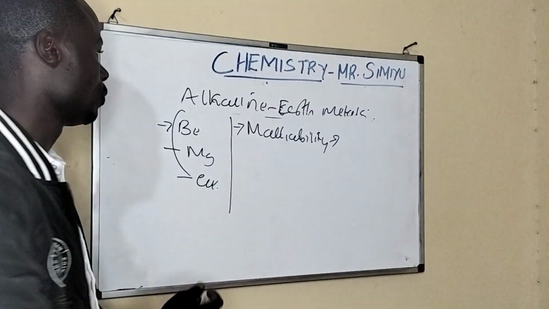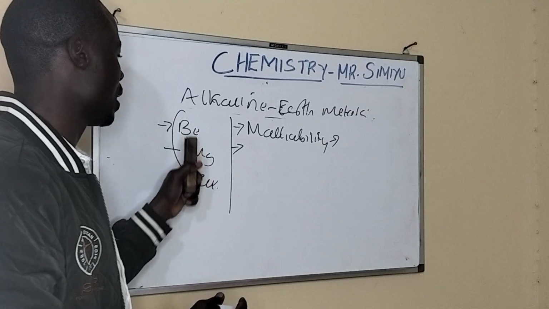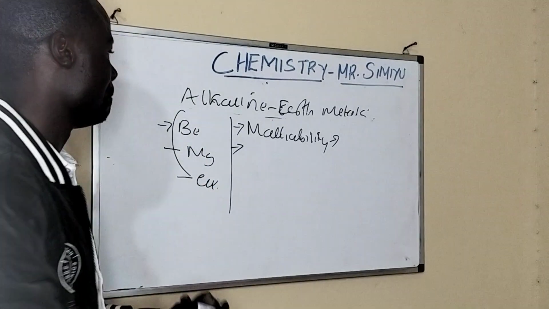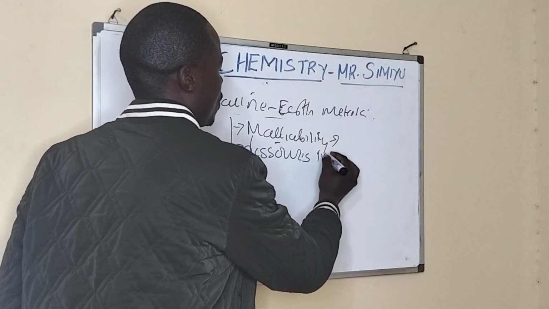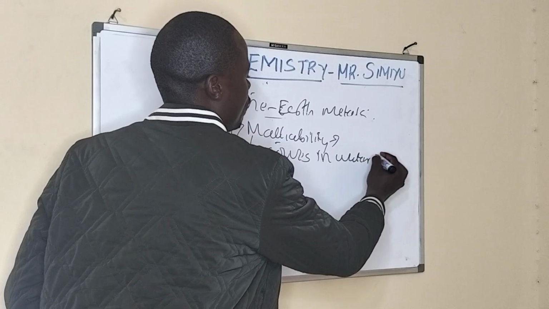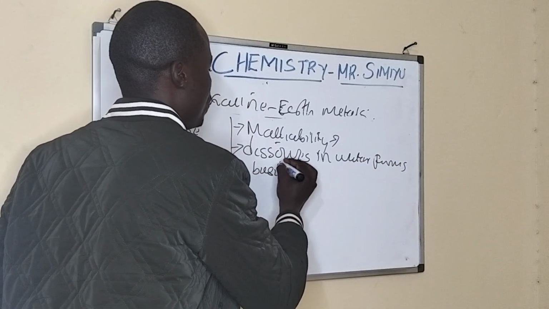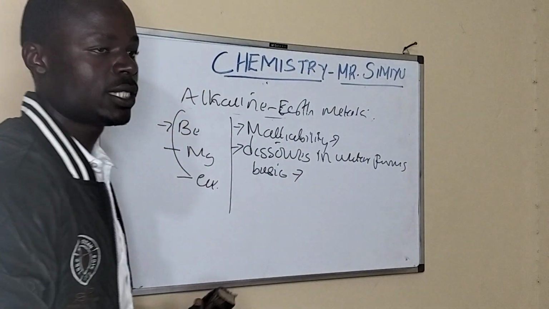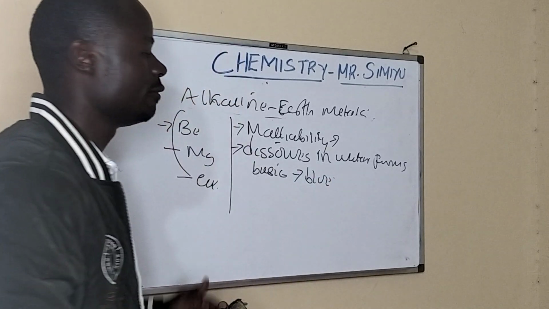We have said also that when beryllium, magnesium, and calcium dissolve in water, they form a basic solution that turns red litmus paper blue. It has an effect on litmus paper.